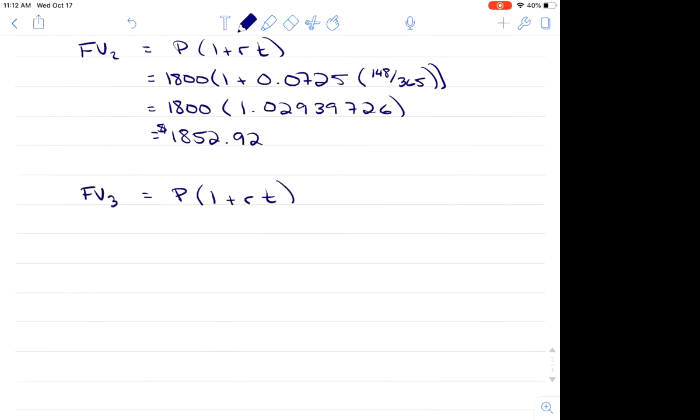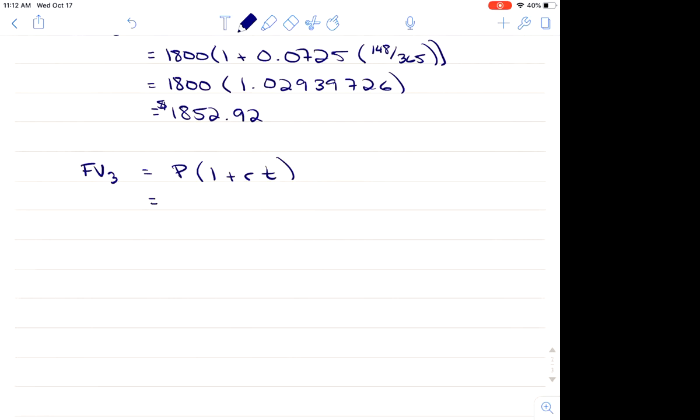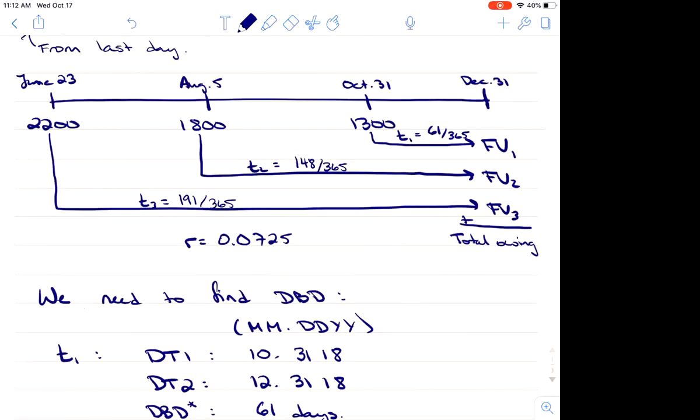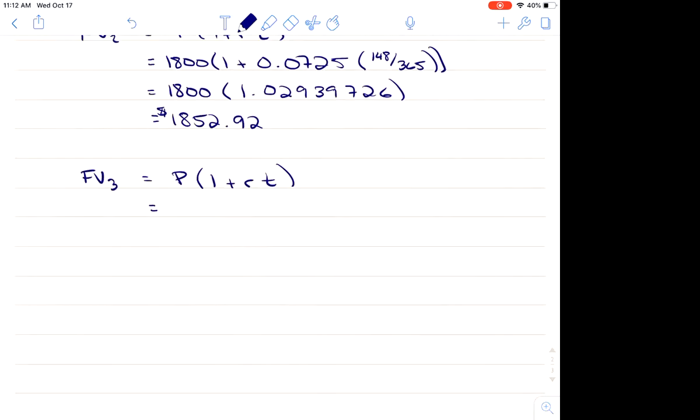It means that we know what we're doing, and it feels good, at least when it comes to math stuff. 2,200 for 191 days. 2,200 times 1 plus the rate, still 0.0725, times 191 out of 365 days. 191 divided by 365 times 0.0725 plus 1.